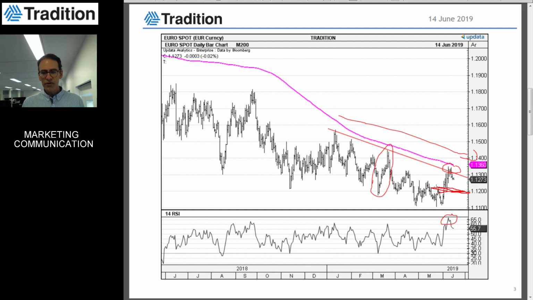For me, the critical juncture will be around 112, a very important technical support, because as long as prices hold above 112, the bull case will remain possible, which means that we can make a setback, then after that a breakout attempt. But if the euro dollar breaks below 112, then the risk of seeing a bull trap similar to what we had in March, April, will be higher.